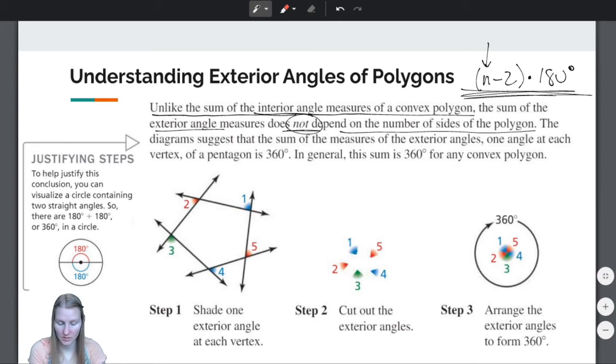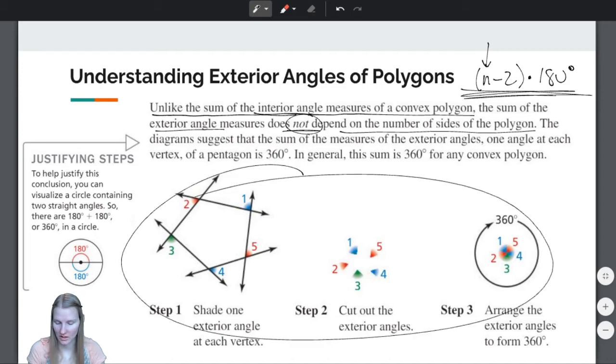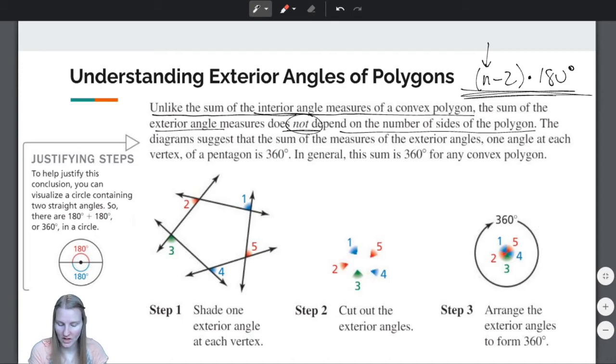The diagrams below, so these diagrams is what they're talking about, suggest that the sum of the measures of the exterior angles, 1 at each vertex, not both of them, just 1 at each vertex, like they numbered here. The sum of the measures of the exterior angles of a pentagon is 360 degrees.